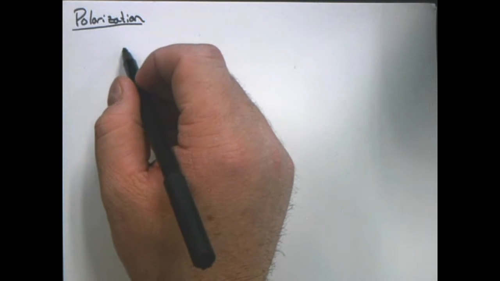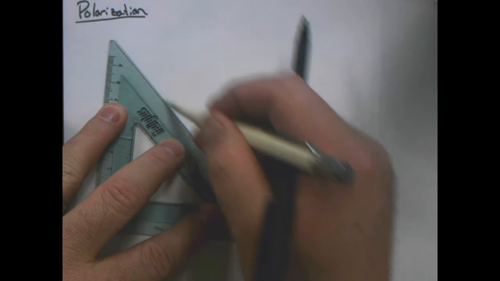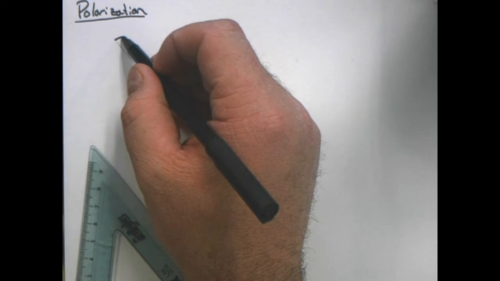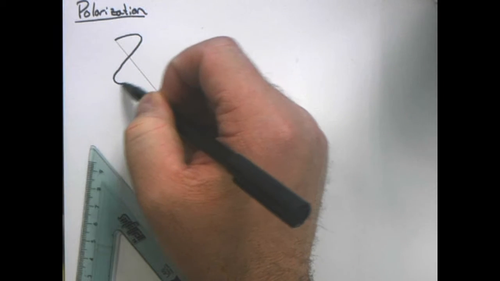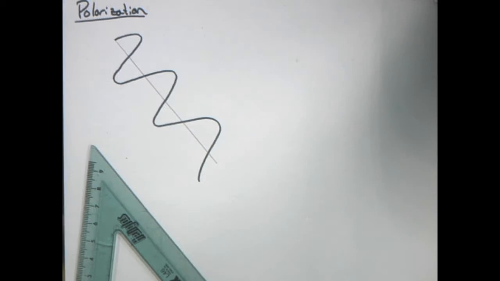I'm going to try and do this in 3 dimensions here. So this is a little tricky. Let me go to straight edge. Okay, so there's our wave, and it's coming at us, kind of.